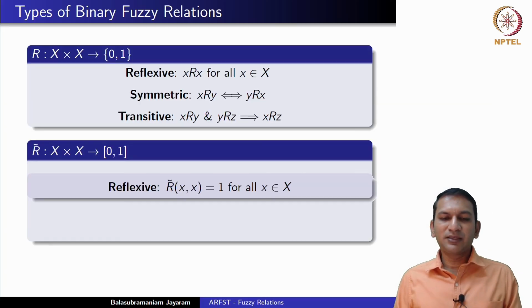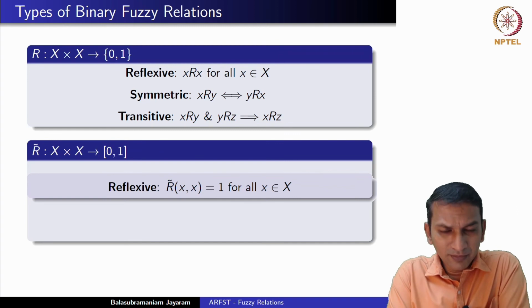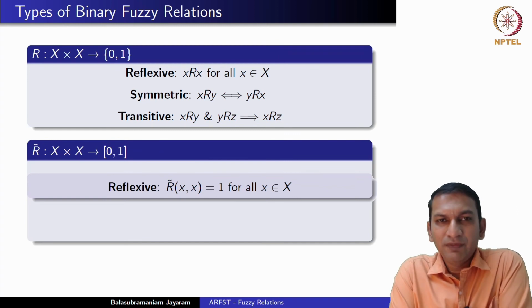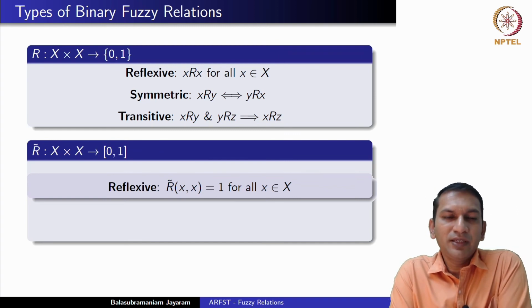However, in this course, when we refer to reflexivity, it will always be under this definition, that is R(x,x) is equal to 1 for all x.